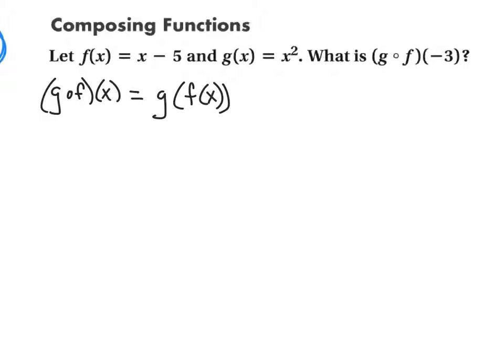All right. So I want to take my g of x function, which is x squared, and every place I see an x, I just want to put parentheses. So that means I have x squared. There's my g of x function. Then I want to plug into that the f of x function, which is x minus 5.